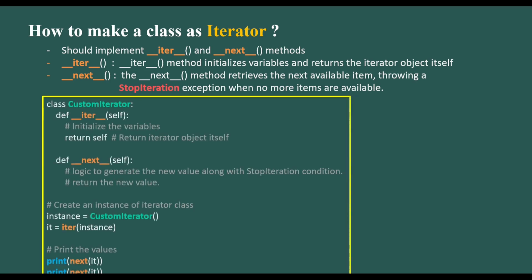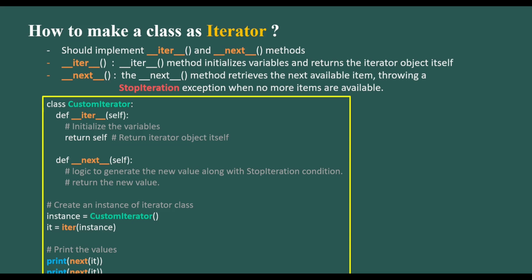Here is an example of a custom iterator. So we have a class CustomIterator. Then we have defined the iter method, which initializes the variables and returns self, that is, the iterator object itself. Then we have to define the next method, in which we will write the logic to generate the new value, and along with that we will check for the stop iteration condition, and once it is verified we return the new value.